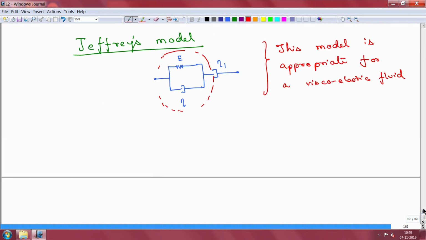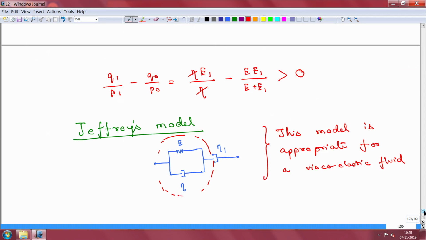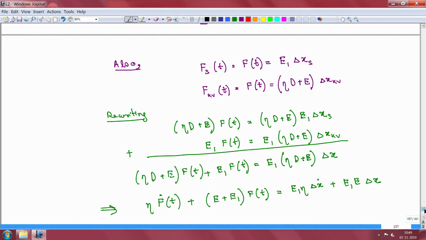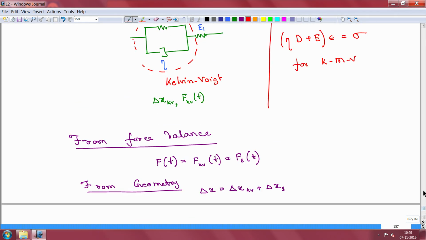So, we have the Kelvin-Voigt model once again. So, we are just going to borrow from last time what we had written. We had said, here, we are just going to reuse this one more time.